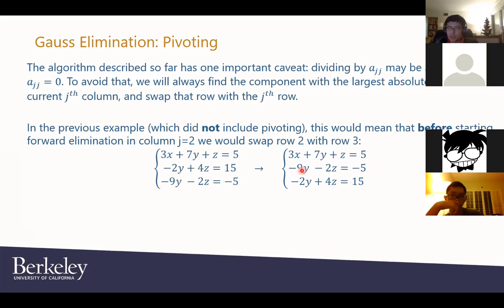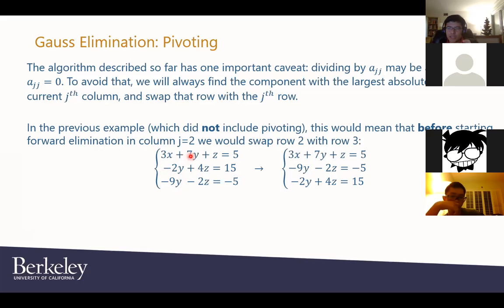Okay. And also remember that in forward elimination, we are looking for an upper triangular matrix. We want everything below the diagonal to be 0. So we only look for the largest absolute value in the current row downwards.